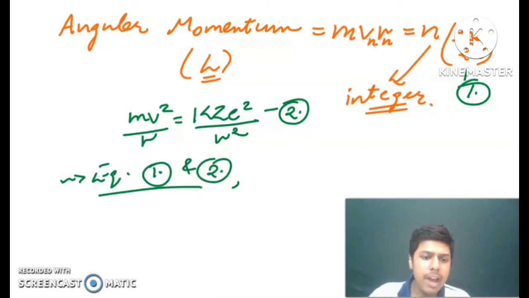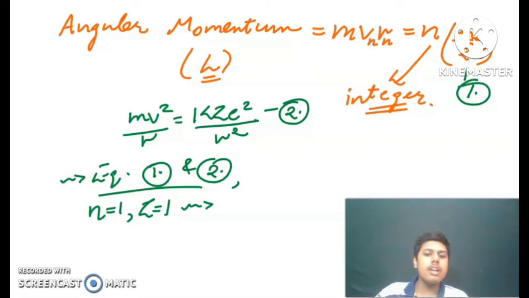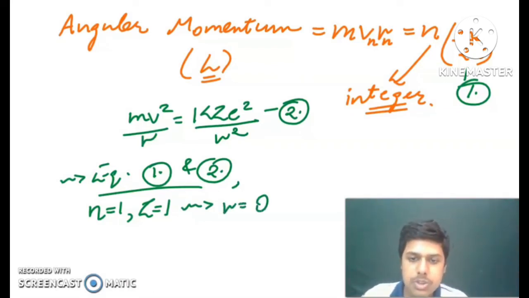Now, if the value of n becomes equal to 1 and z becomes equal to 1, where n is the orbit and z is the atomic number, then the radius will be equal to 0.529 angstrom.